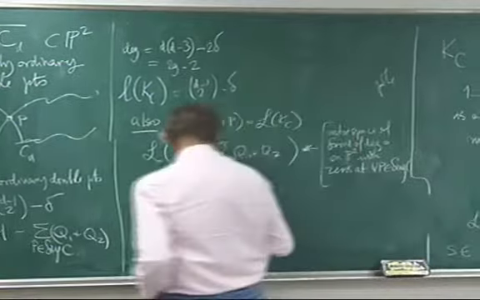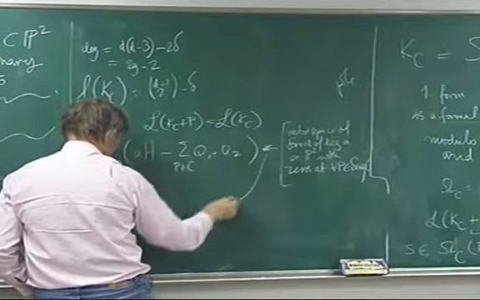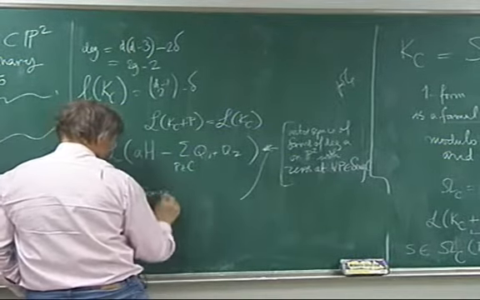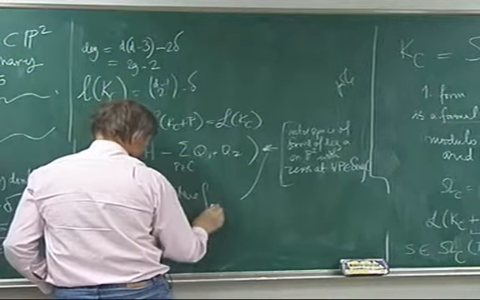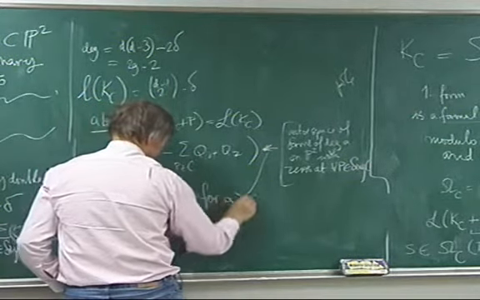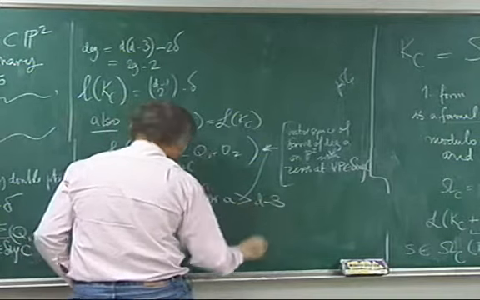It's surjective for all A greater than D minus C.